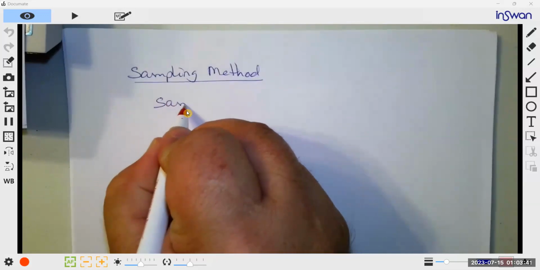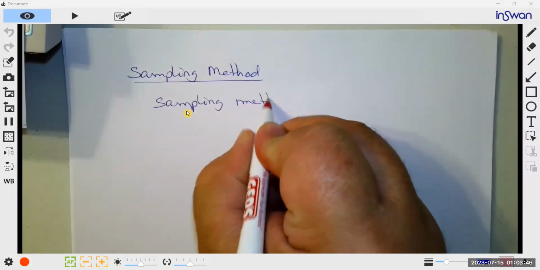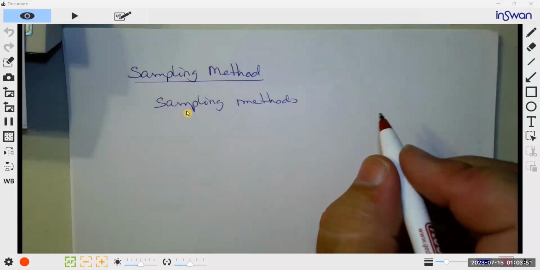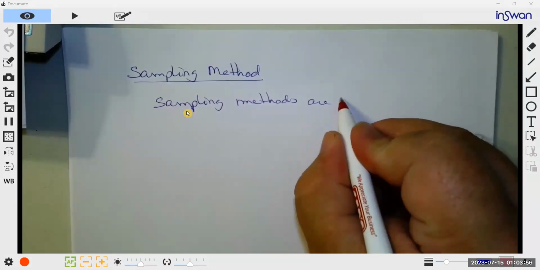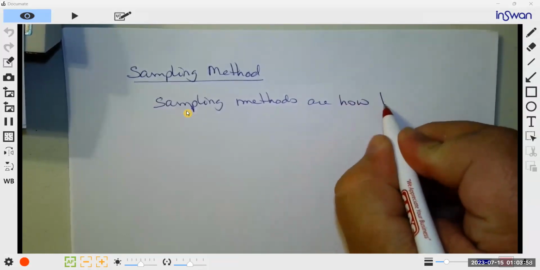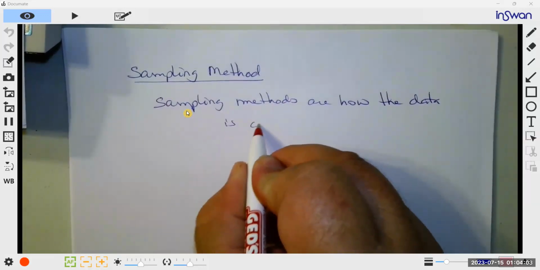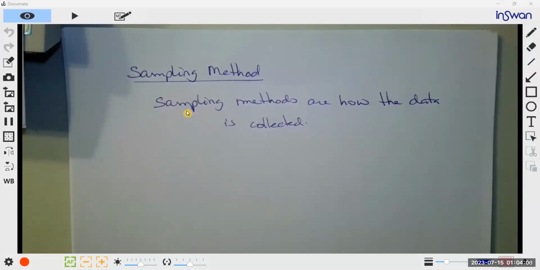In other words, sampling methods are how the data is collected. Because yeah, you have to make sure that the source is valid, but also the way the data is collected has to be valid.